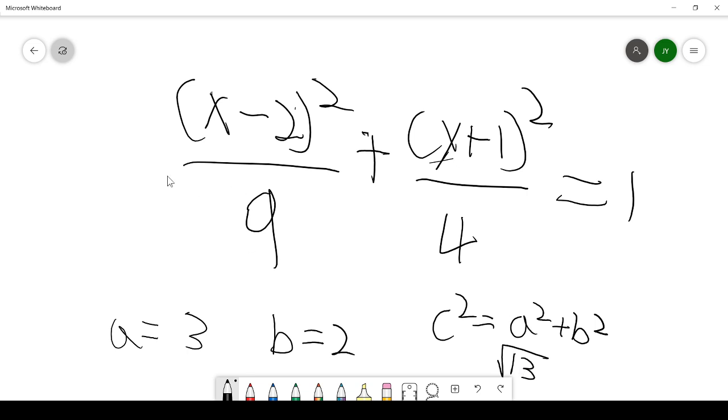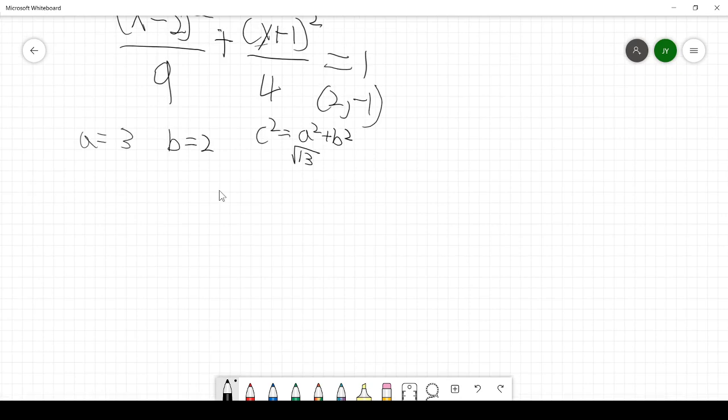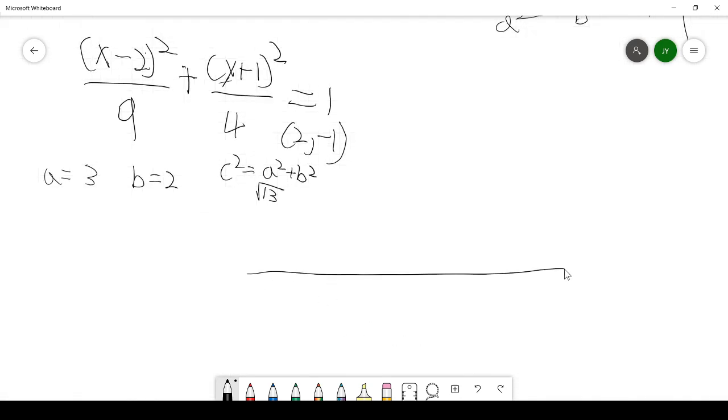Now let's figure out where the midpoint will be. It is x equals 2 and y equals -1. To draw this, draw a coordinate plane.